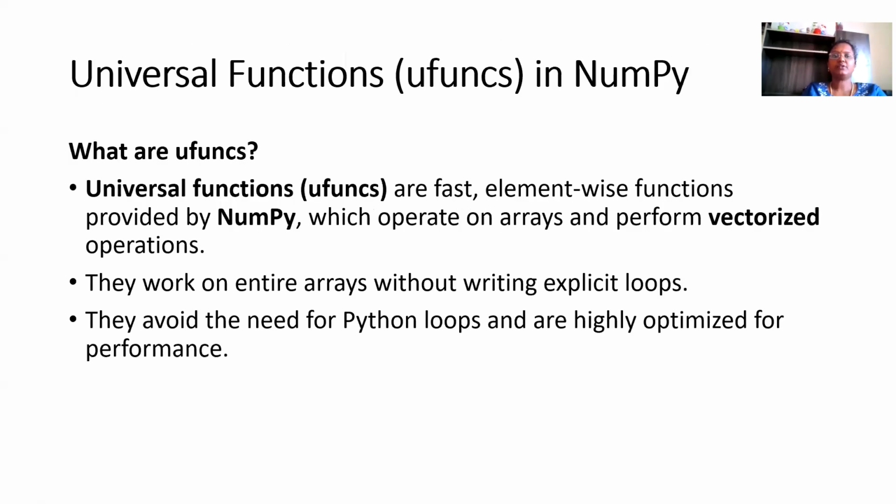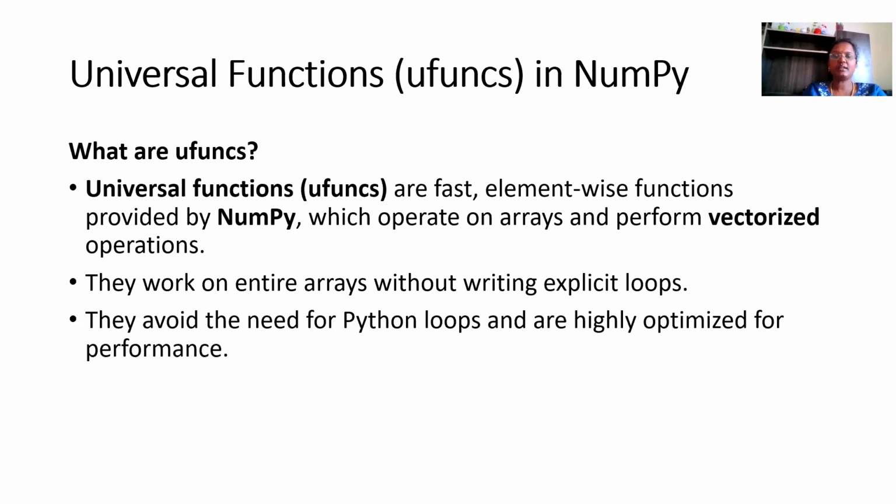The next thing we are going to see is the universal function, that is, ufunc. Mostly we use it in NumPy, which is one of the libraries I'll explain in my next course. What are ufuncs? Universal functions are fast, element-wise functions provided by the NumPy library in Python, which operate on arrays and perform vectorized operations.